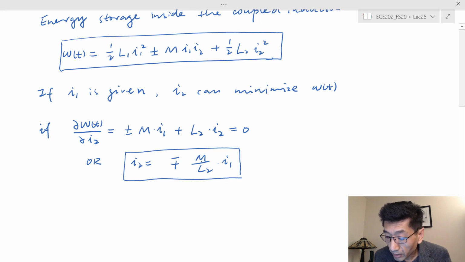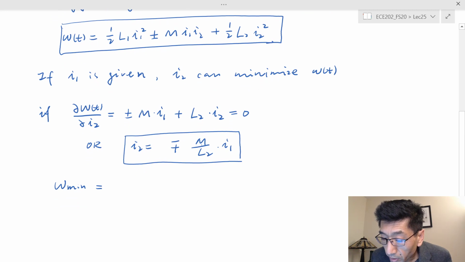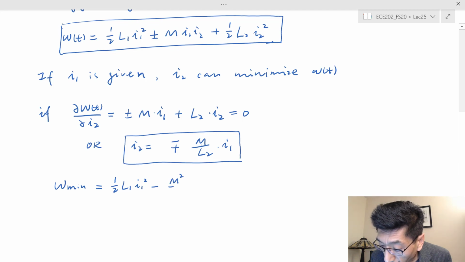And under this condition, the minimum energy W min is going to be equal to, let's see, we substitute this I2 into W, and we will get half L1 I1 squared, and minus plus times plus minus, so we always get a minus M squared over L2, and then I replace I2 by this, so I get I1 squared.